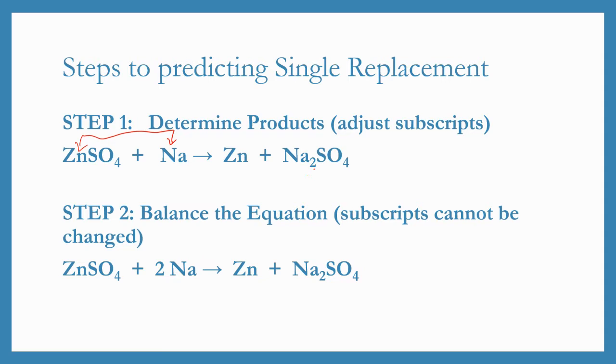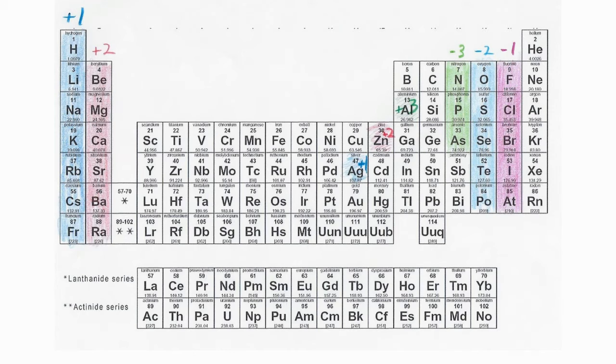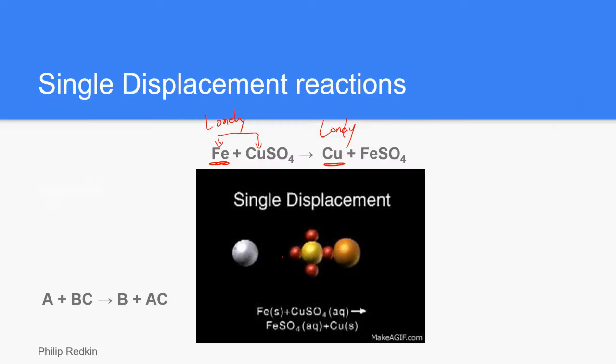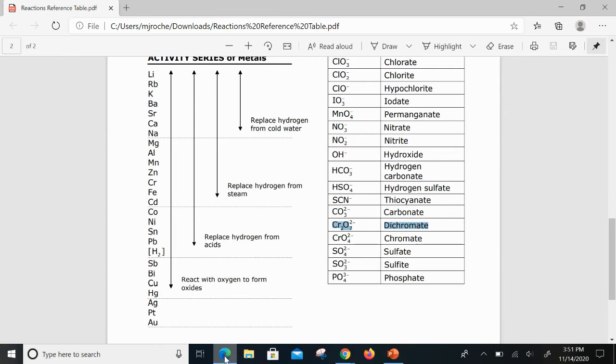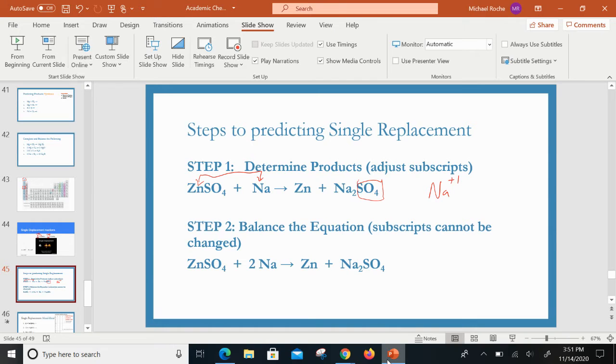But now we need to manipulate the charges still. Sodium, according to our chart, has a +1. This sulfate is a polyatomic ion. So we've given you the polyatomic ion list right here, and sulfate on that list tells you it's -2.